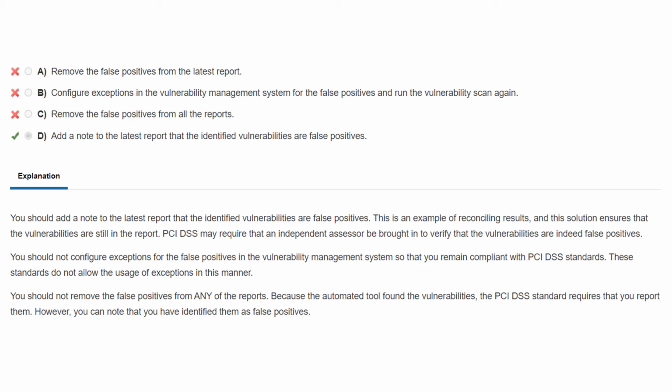These standards do not allow the usage of exceptions in this manner. And you should not remove the false positive from any of the reports either, because the automated tool found the vulnerabilities. The PCI DSS standard requires that you report them. However, you can note that you have identified them as false positives.